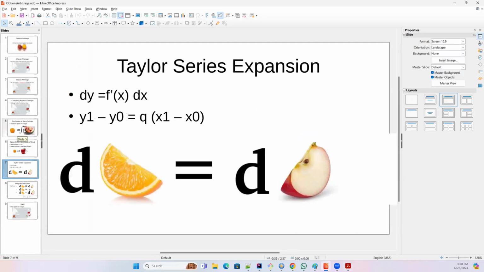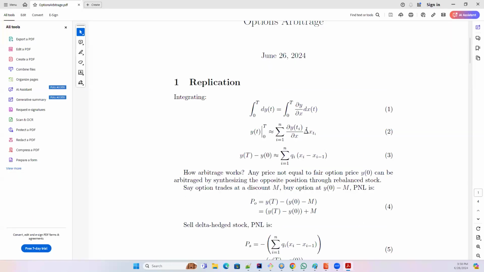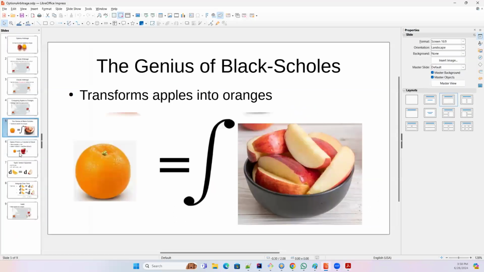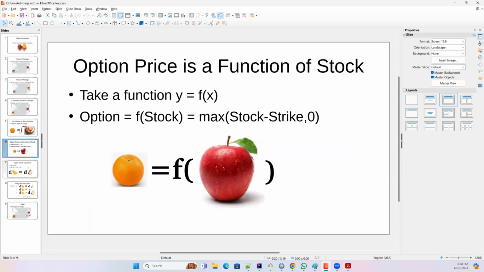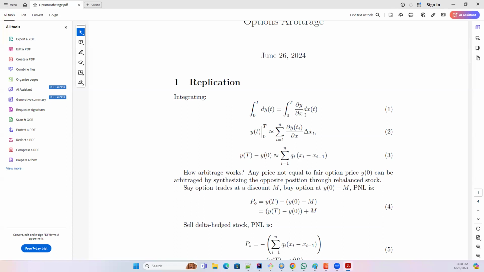So what we have discussed is that we can reassemble the price of an option by integrating its Taylor series expansion, which is pretty much this. So the integral of the differential of the option price is the integral of its Taylor series expansion: the differential of the stock price times the derivative of the option price with respect to the stock price.